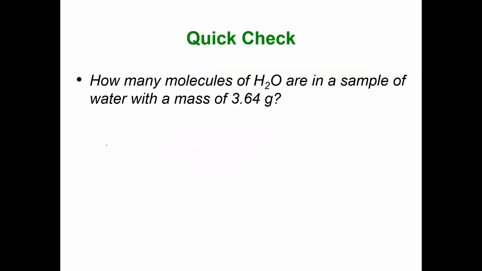What if I want to know from grams to the number of molecules? Now, there's an extra step here, right? Because from grams, we just said I could use molar mass, grams per mole, to get moles. But now I want the number of molecules, right? So how can I get the number of molecules?